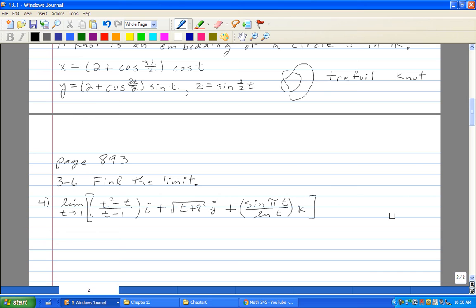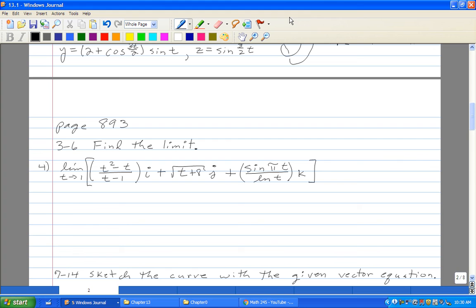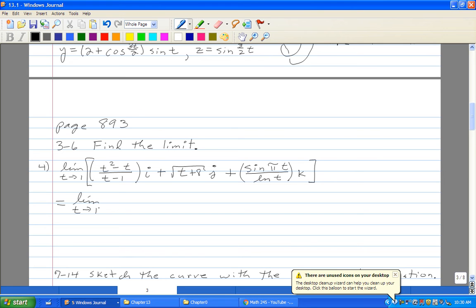Okay, so let's do some examples. On page 893, find the limit. And so I have here the limit as t approaches 1 of this vector.